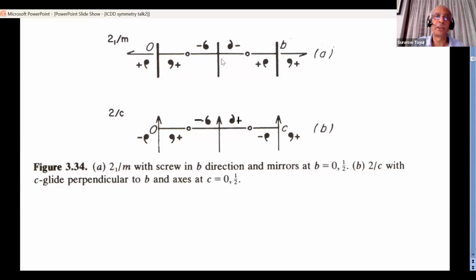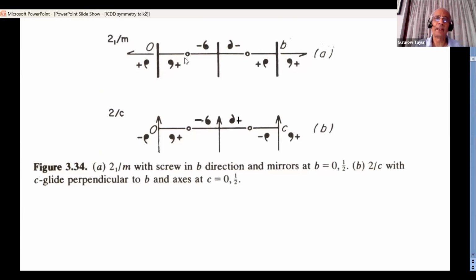One of the things we must notice here is that whenever we have a non-translational symmetry associated with a translational symmetry, that means there is a half translation associated with the twofold axis, then we generate a 2 by m symmetry, which is a center of symmetry. But now the center of symmetry moves by 1/4. So if this is taken as the origin 0, 0, 0, the center of symmetry is at 1/4 the distance along the b axis, along this direction.